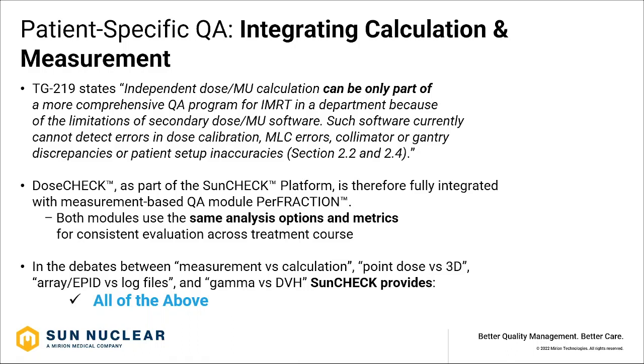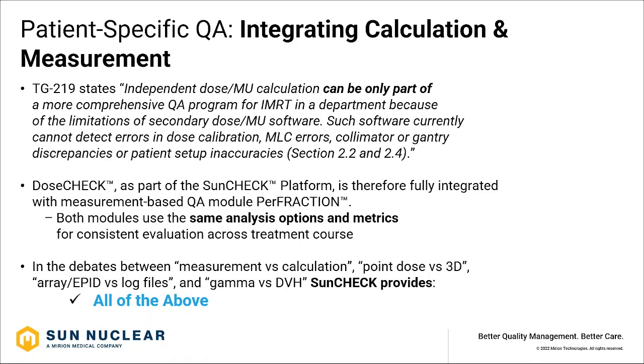So we do also have an additional module within SunCheck called per fraction, which will allow you to extend your traditional QA program to provide a more comprehensive check of your patient plan, whether it is before or during actual patient treatment. So both DoseCHECK as well as per fraction use the same analysis options and metrics for consistent evaluation across the treatment course of the patient.